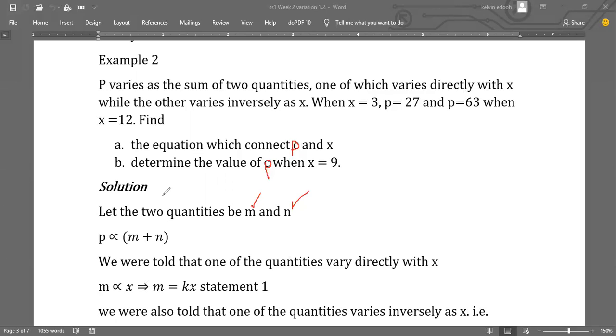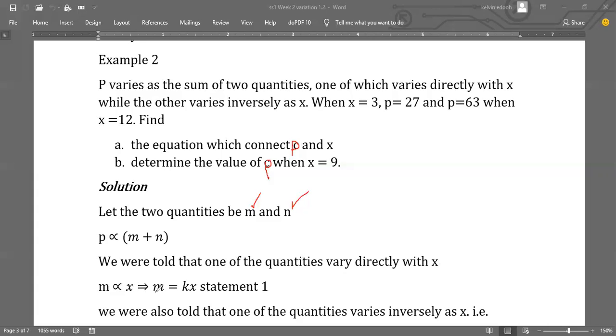I can decide to choose any letter, N or M. So just follow it step by step and let's work together. I'm picking M for now. We are told that one of the quantities varies directly with x, so I say M varies directly as x.